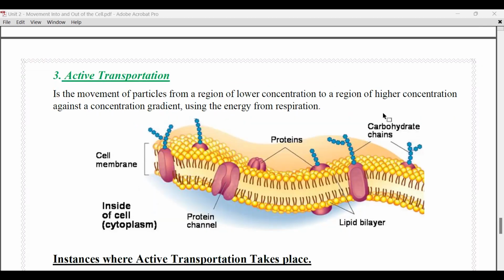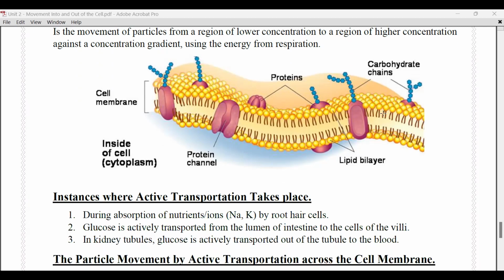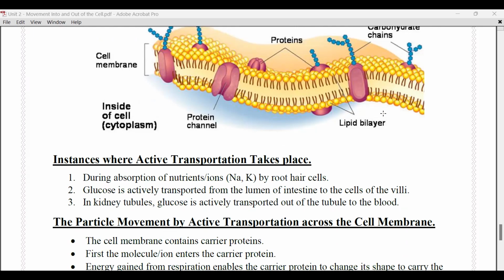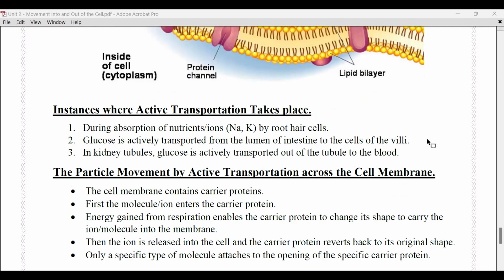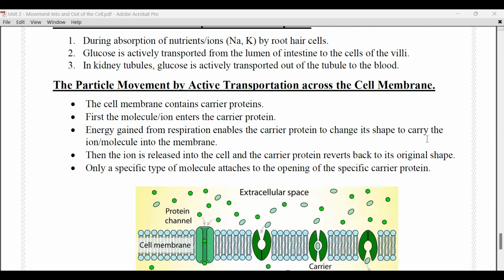Some instances where active transport takes place include the absorption of nutrients or ions by root hair cells, absorption of glucose into the cells of the villi, and in the kidneys, where glucose is actively transported out of the tubules and back into the blood.